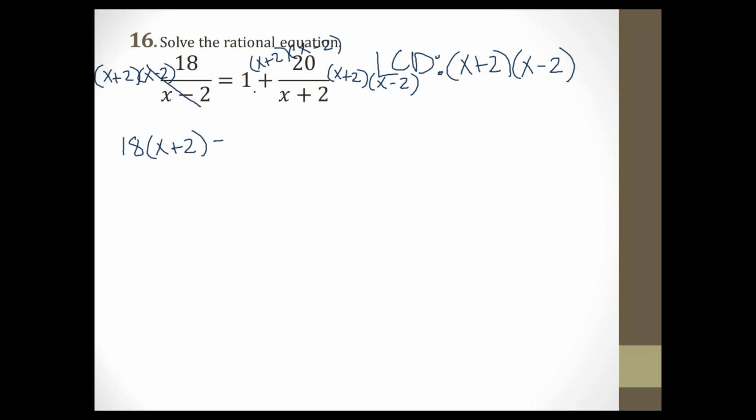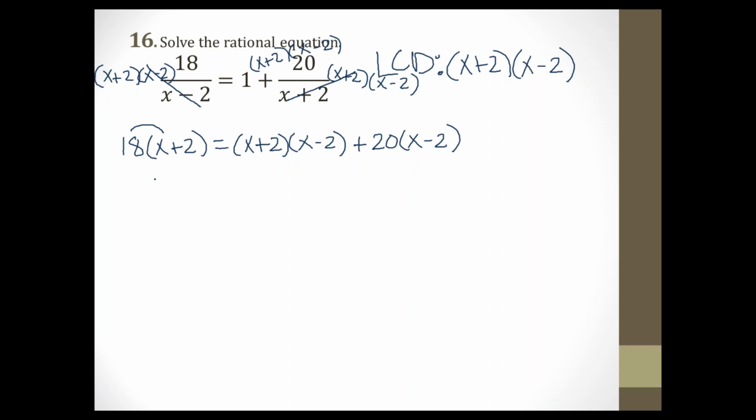Then equals 1 times our least common denominator, x plus 2 times x minus 2. And then the last term, x plus 2's cancel, and then I'm going to have plus 20 times x minus 2. So I've got a lot of distributing and multiplying to do, so let's go for it.